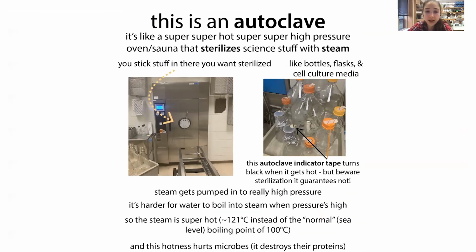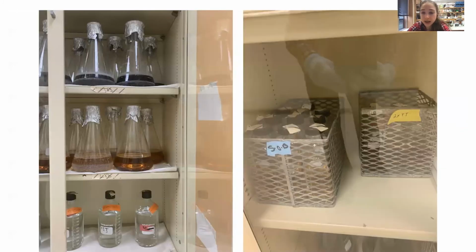No matter what media you're using, you're typically going to autoclave it to sterilize it. Note that when you put things into the autoclave, they can change color, and you'll see some color variation between batches. It has to do with how long they were in the autoclave, as well as what's inside them.